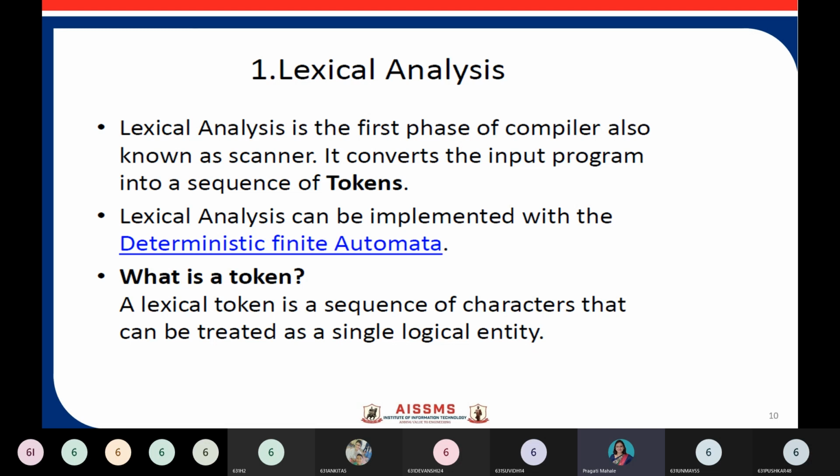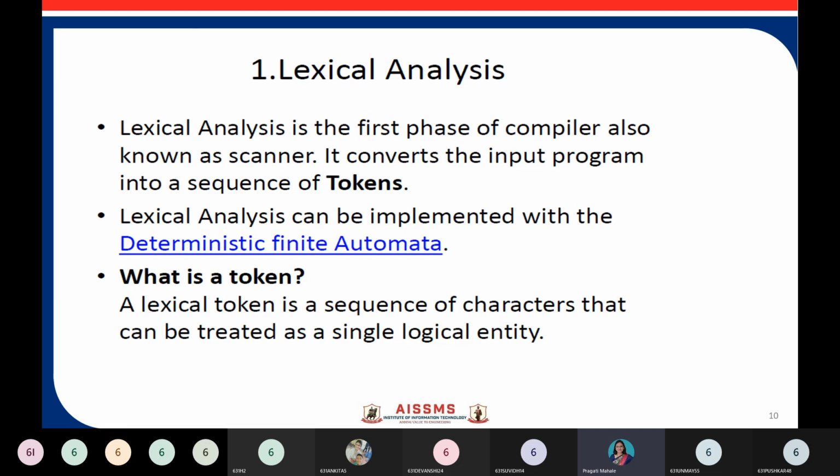So what the lexical analysis does is read statement by statement, and in every statement of your code from the source program, it will identify the tokens and give them to the next phase. This is the role of LA, to identify the tokens and send them to the next phase.